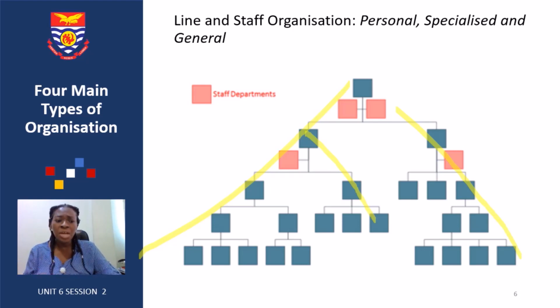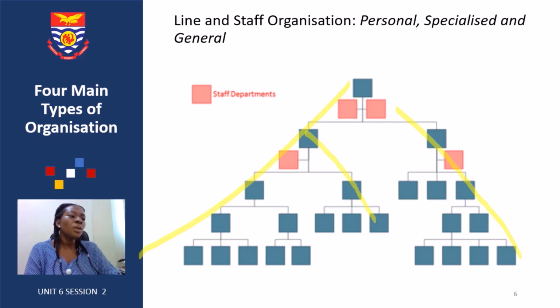You can have a PR person just in charge of dealing with your public issues, depending on the type of organization. And then we also have the general staff, like the secretaries, who also help in some places.